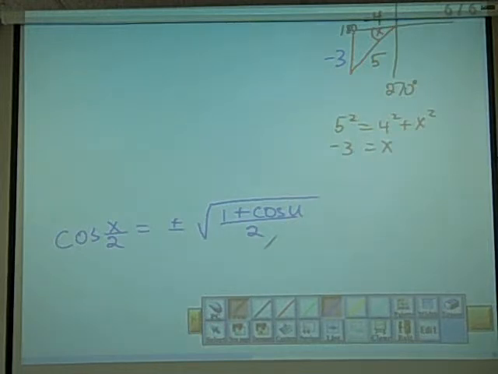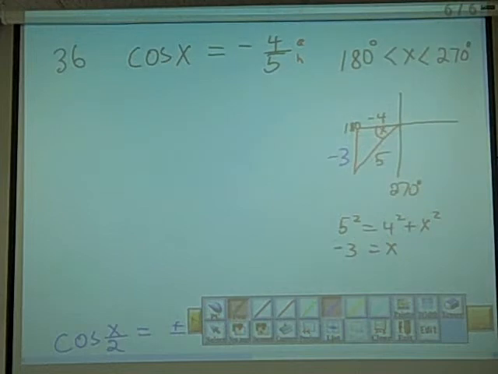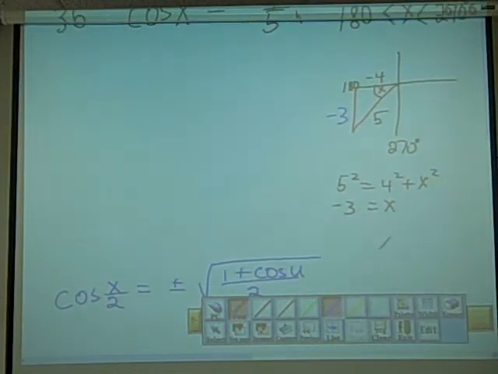Alright, so what we have to do here is take this 180 degrees is less than x, and x is less than 270. And since we're working with x over 2, we have to make this 180 x over 2 here and here. Okay?